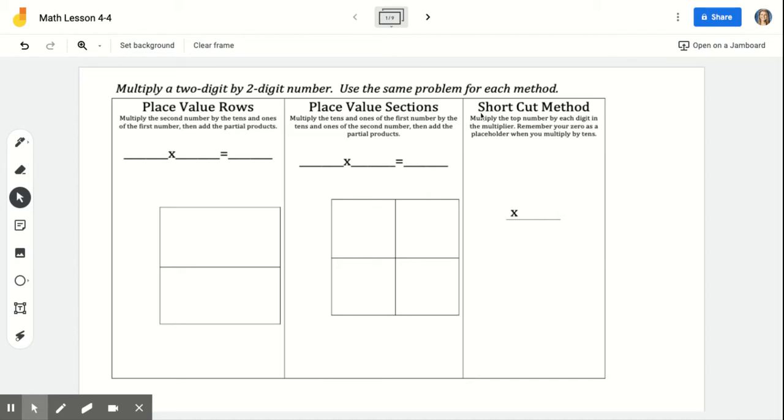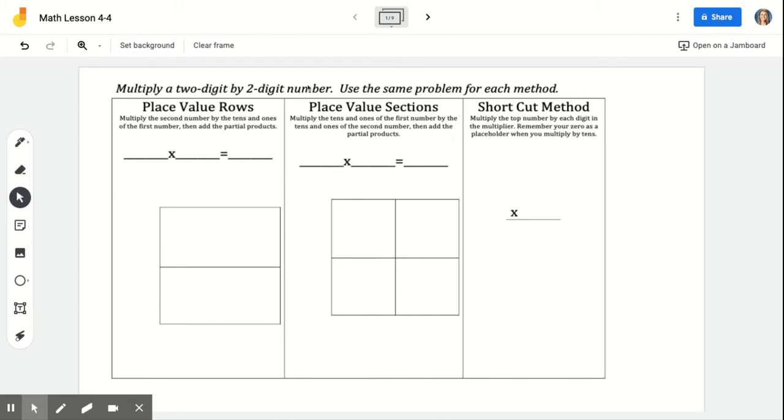You are going to be required to master all three methods. But as we get more and more practice in, once you have mastered all three, it's going to be up to you which method you'd like to use when solving problems going forward. Okay, so let's get started.